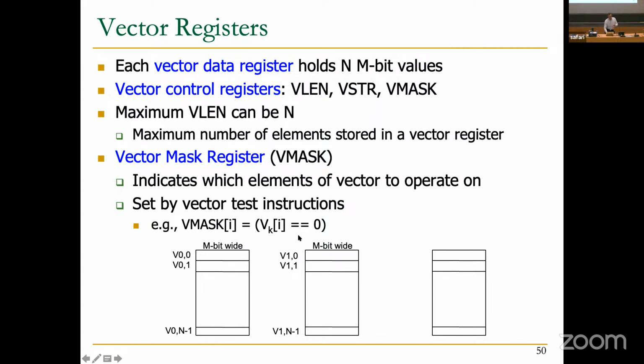If element i of vector register k is equal to 0, then element i of the vector mask is set to 1. Otherwise, it's set to 0. Okay? So basically, this is a bit vector specifying whether the condition that you tested was true for each element of the vector. And then you can use this to perform conditional operations, essentially.